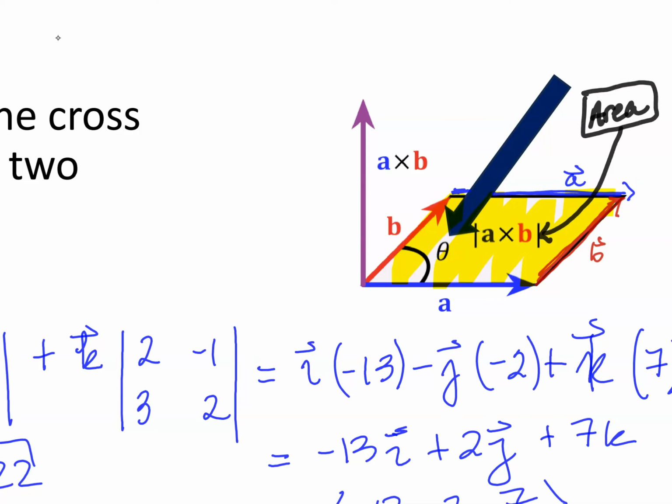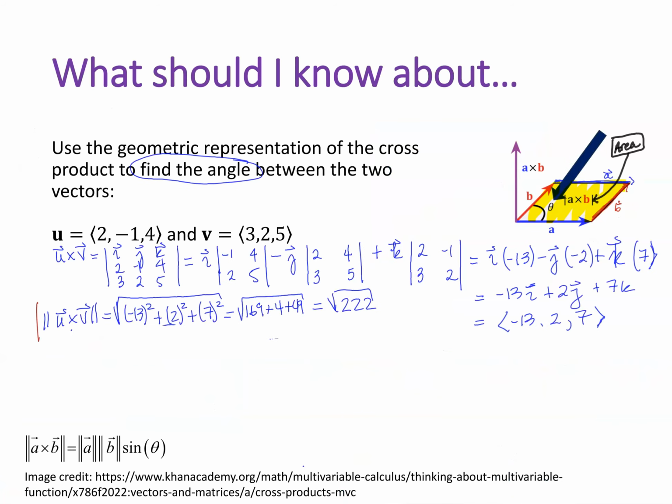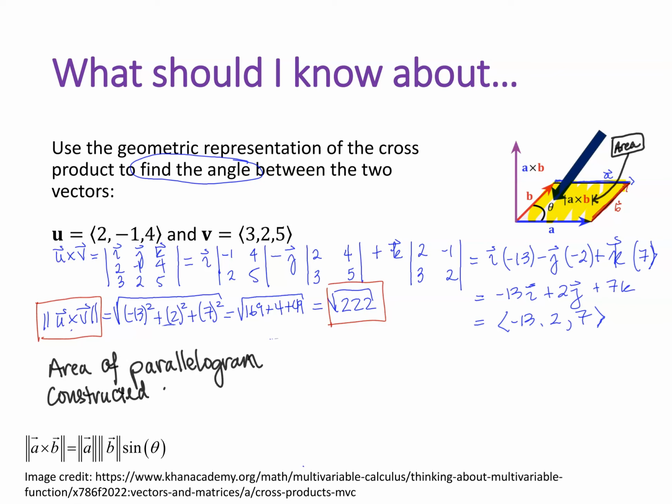So that magnitude of A cross B is equal to the area of a parallelogram formed from vectors A and B. So when we found the magnitude of the cross product of U and V, what we also found is the area of the parallelogram constructed from vectors U and V. That is actually equal to the square root of 222 square units.